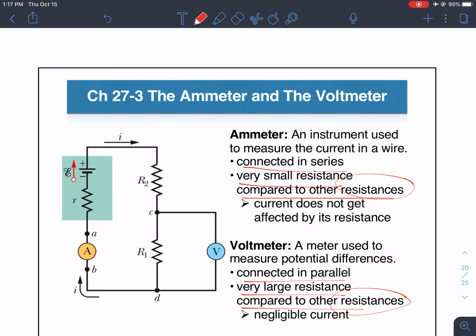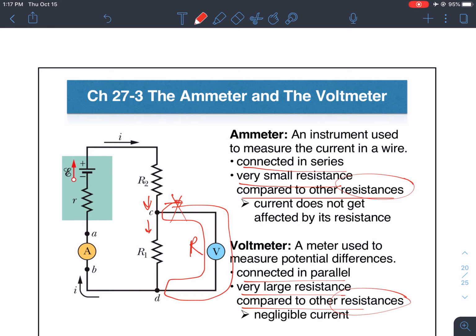So if you look at the voltmeter, you need a big R because the resistance is on this branch here where the voltmeter is connected. If you have a really big R here, that's going to create more resistance. So when the current splits up from here and there, there's more resistance on this branch where the voltmeter is, and there won't be much current drawn to it.